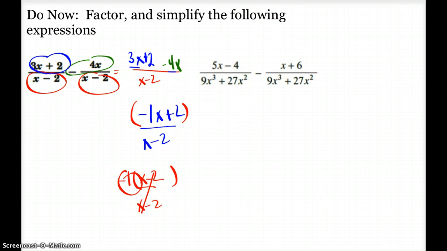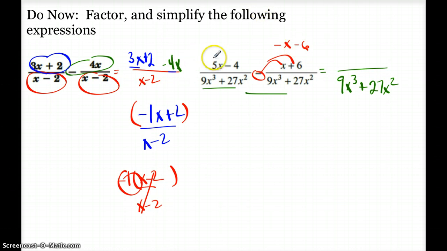Okay, the second item, again, like denominators make it a lot easier. 9x cubed plus 27x squared, that's our denominator. That repeats. Up top, distribute this negative there and negative there: negative x and negative 6. 5x and negative x make 4x.